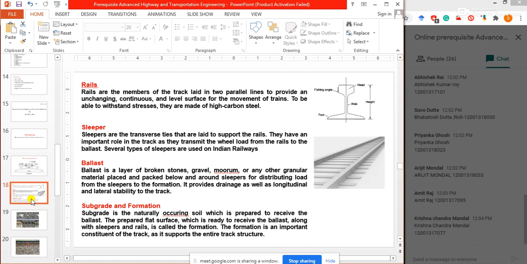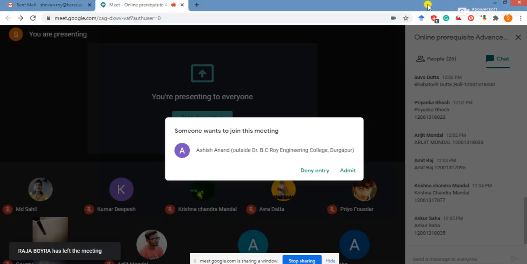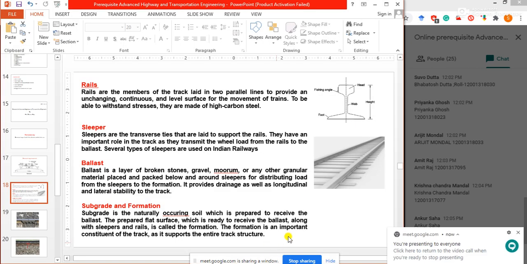The rail should be resilient, and is normally a rolled I section, acting as a girder because it takes all the load of the train. So the function of the rail is very important in railway engineering because all the load of the train is carried by these rail sections.